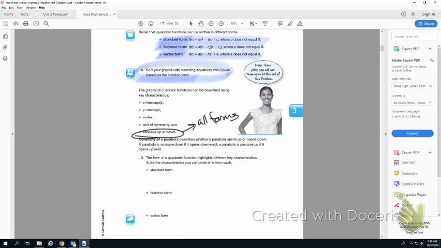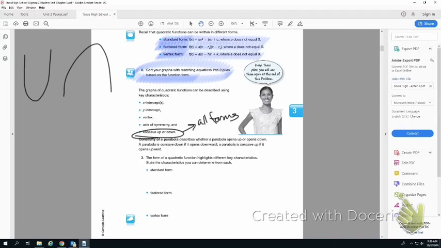Everything else, you can get from any of the three forms, but you can get some of them from one form easier than others. Now, to make sure we're clear on identifying concavity, this parabola, is that concave up or concave down? Concave up. If it is opening up, it is considered concave up. If it's opening down, then it is concave down.